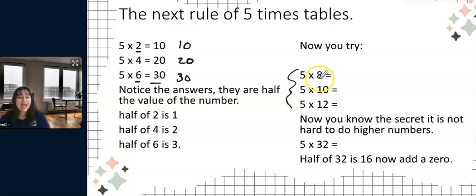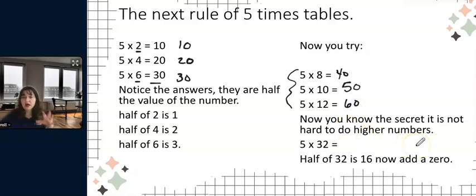Yes, because half of 8 is 4, there's that 0, so 40. Half of 10 is 5, and we're just going to add the 0 to it. What's half of 12? That's right, it's 6, so we would put a 0 after it.